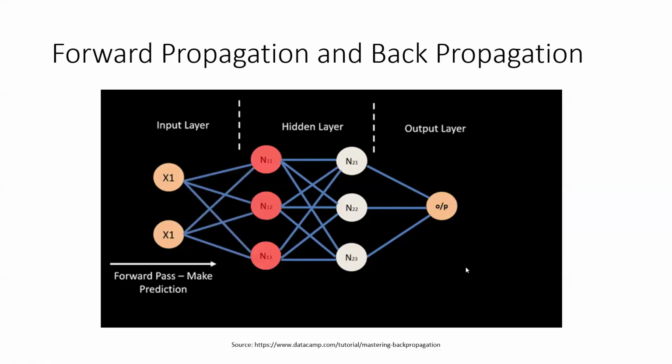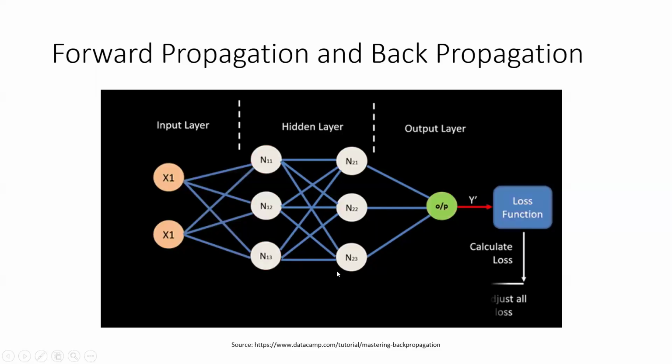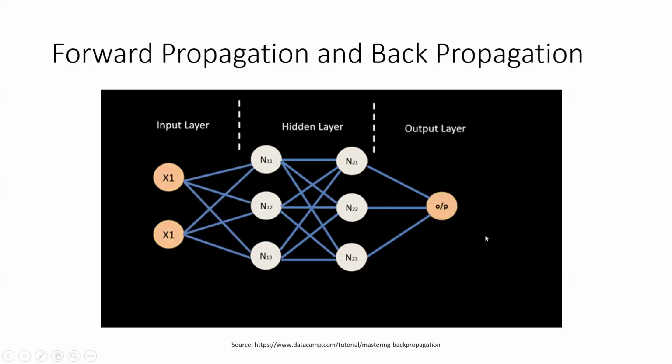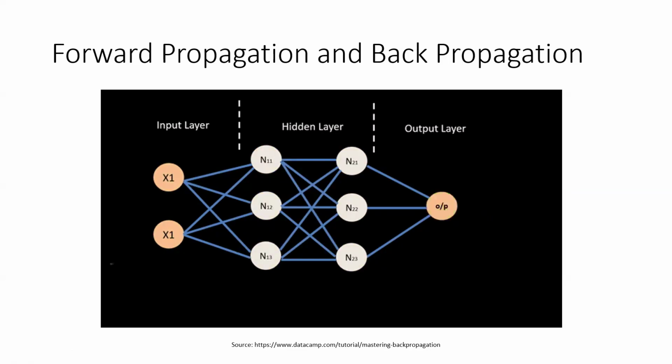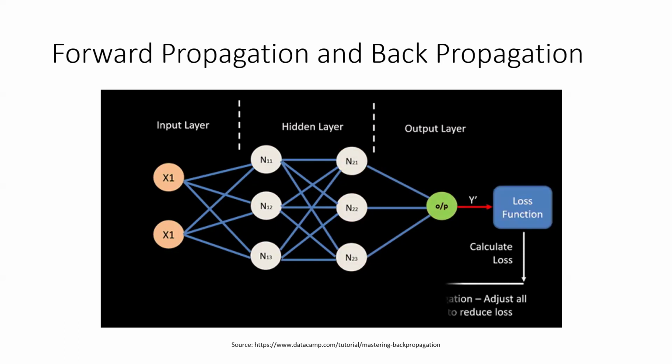Updating weights backward based on the loss function and the loss value is known as backpropagation, and making predictions using the inputs given is known as forward propagation. When you are training a neural network, backpropagation is always used to update the weight values so that the errors are reduced in each iteration and it moves toward the optimum weight values.